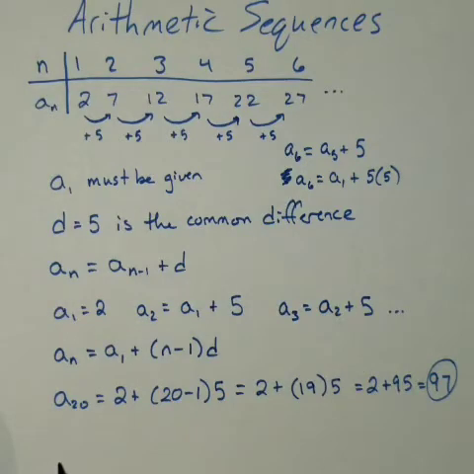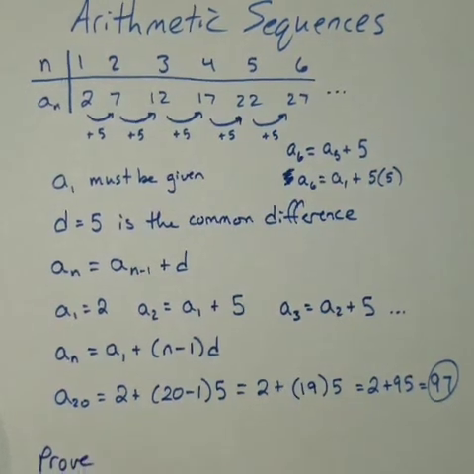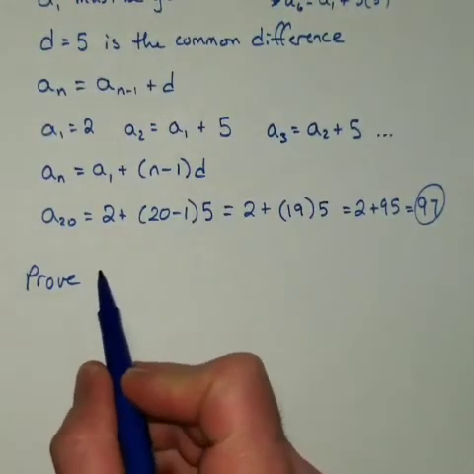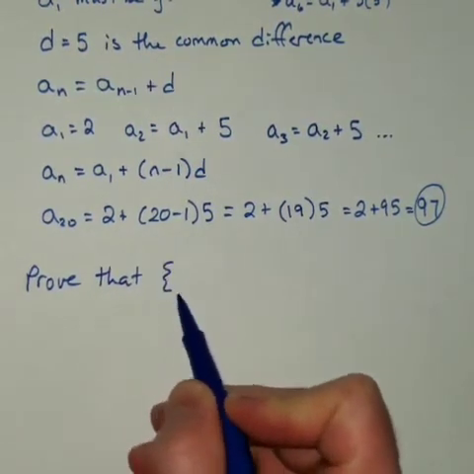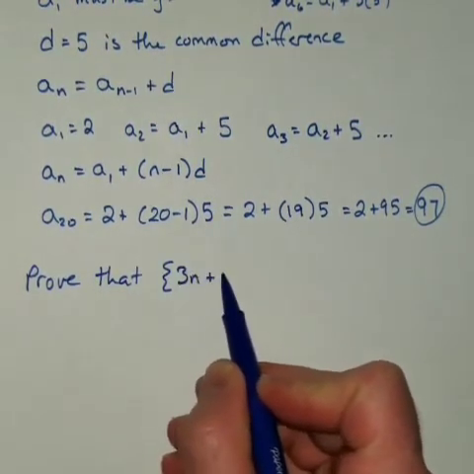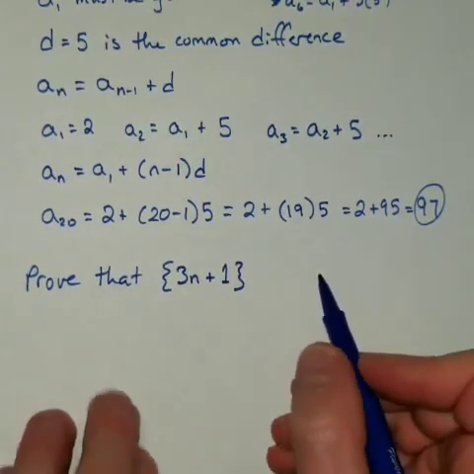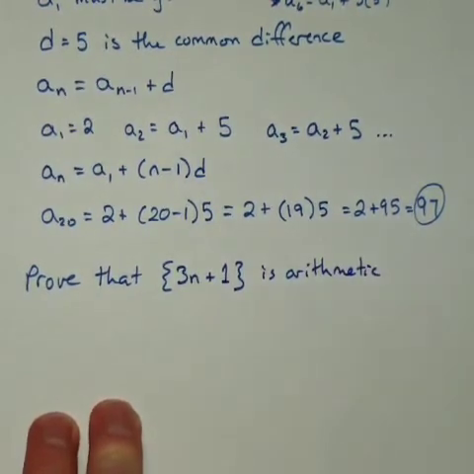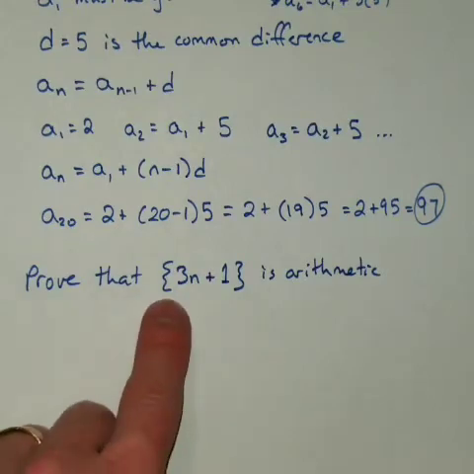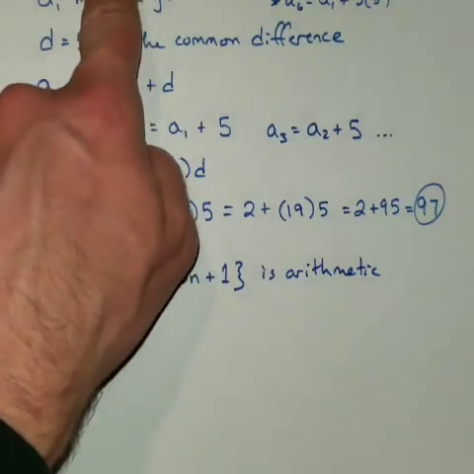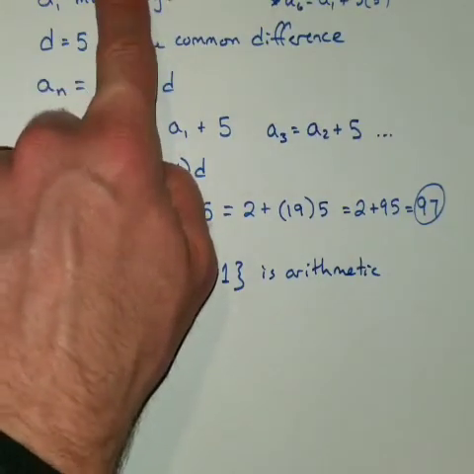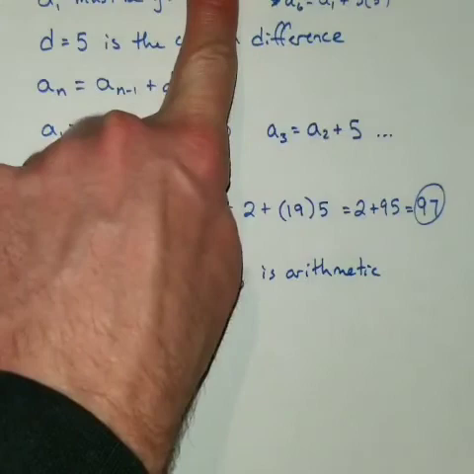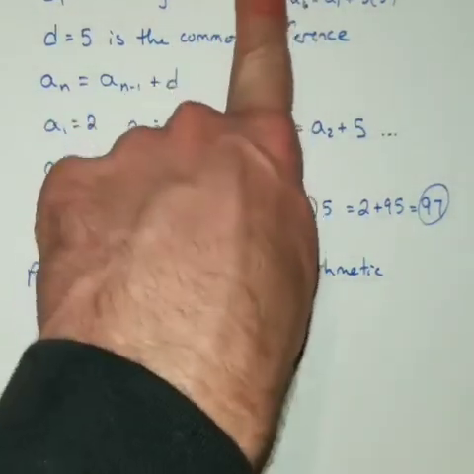Okay, and to do that, let's say you want to prove that this sequence 3n plus 1 is arithmetic. Or determine whether it is or not. What we're going to do is we need to show that every two terms that are consecutive have the same difference. So it doesn't matter which two terms I choose, I'm always going to get a common difference.